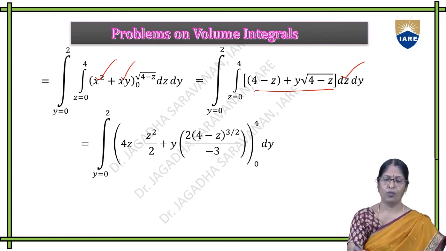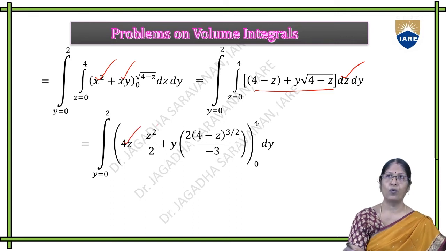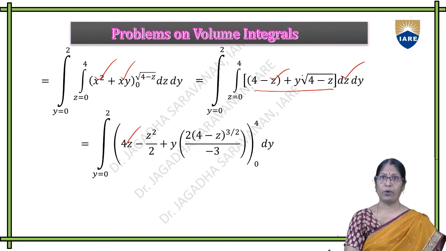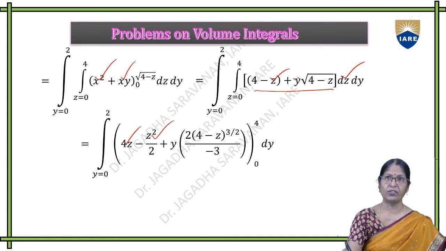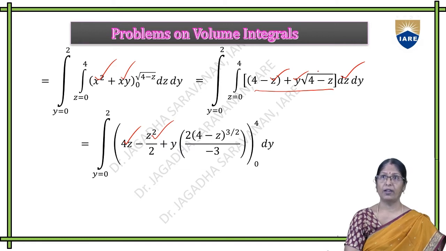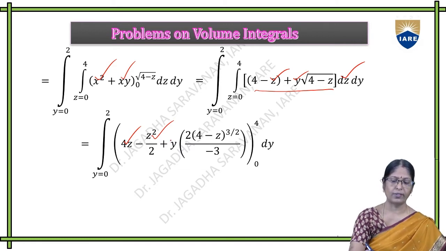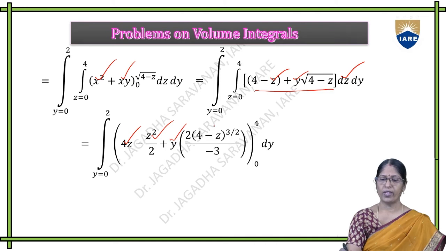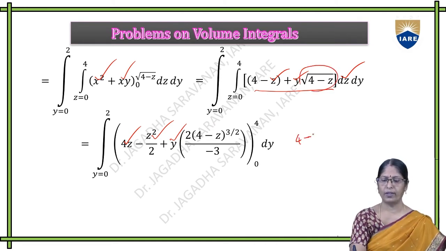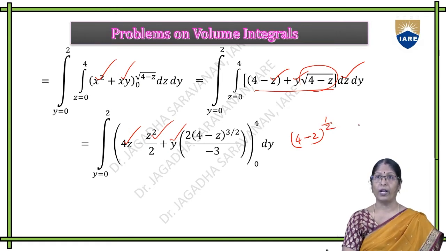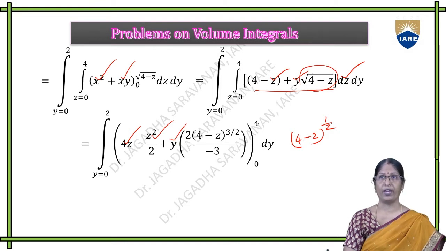That is integral of 4 dz, 4z minus z square by 2, plus y. We are not going to touch that one. Treating y as constant, as it is we have written. Whereas coming to the part 4 minus z, the whole power 1 by 2, 1 by 2 is our n according to our formula, integral x power n.